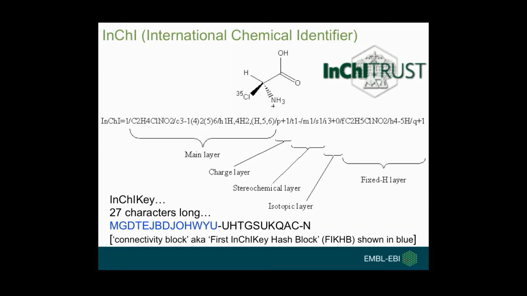Most importantly for us today, you'll notice that the InChI key itself is divided into sections, and the first 14 characters, the so-called connectivity block, or the first InChI key hash block, FIKHB, which I've shown in blue, is created by a hash simply of the first few layers, the connectivity layers. So these, in essence, simply encode the connectivity of the InChI. So two structures differing in stereochemistry but with the same connectivity will have the same first InChI key hash block.